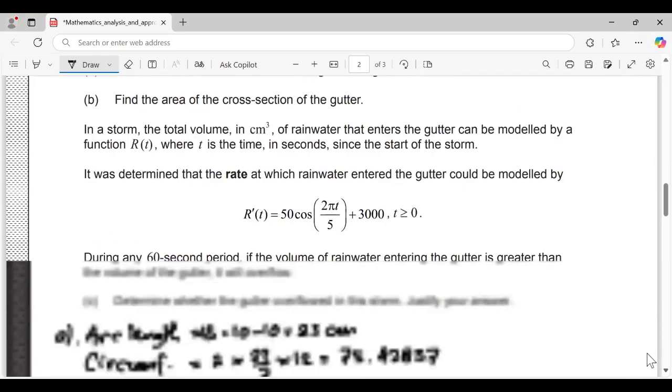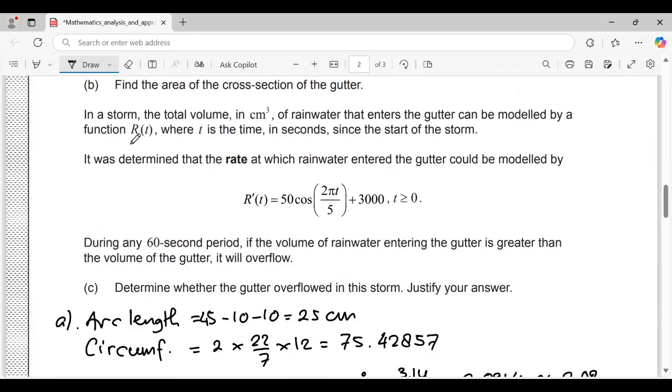Next question. In a storm, the total volume in centimeters cubed of rainwater that enters the gutter can be modeled by a function R(t), where t is the time in seconds since the start of the storm. It was determined that the rate at which rainwater entered the gutter could be modeled by this function.